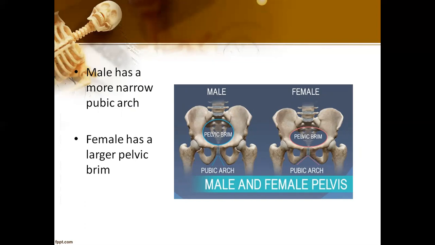For a female, it's broader and wider, has a larger angle. Also, if you look at the pelvic brim, females have a larger brim, and that's for obvious reasons, because we women give birth to big-brained babies. Also, the shape of the blades is slightly different on a male and a female.